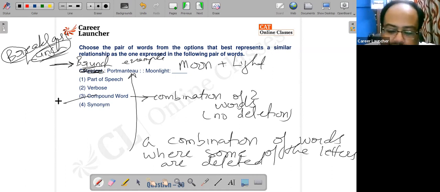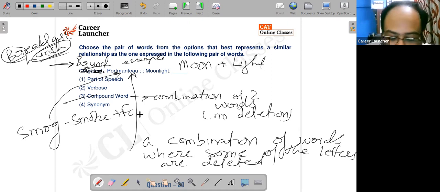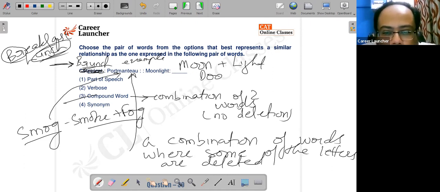Just for information, the word smog is also a portmanteau. Why? Because smog comes from smoke plus fog. And if I want another example of a compound word, look at a word like doorknob.